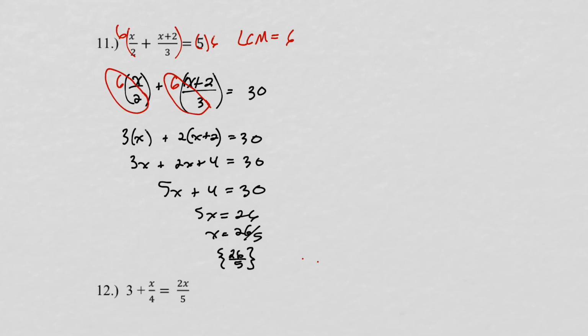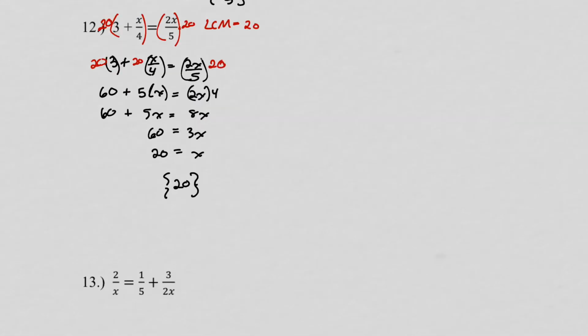And now go ahead and stop the video and try out number 12 by yourself and see what you got. All right, here's the answer to number 12, 20. X equals 20. Okay.